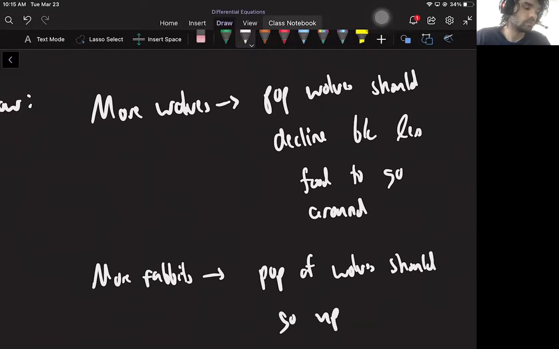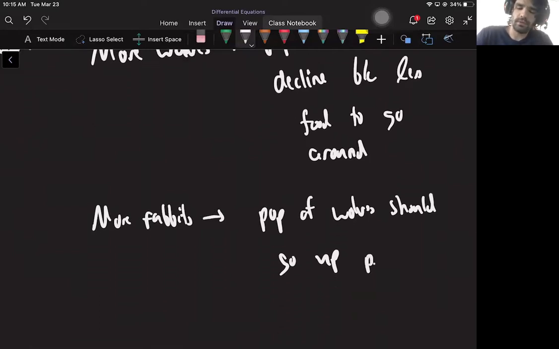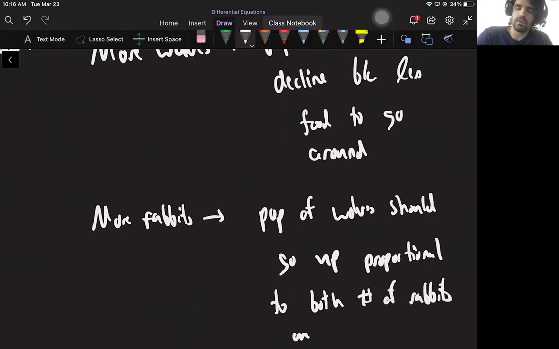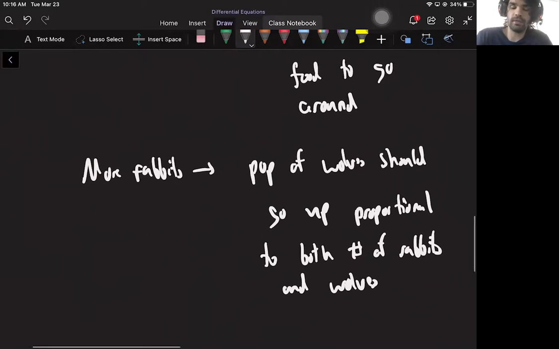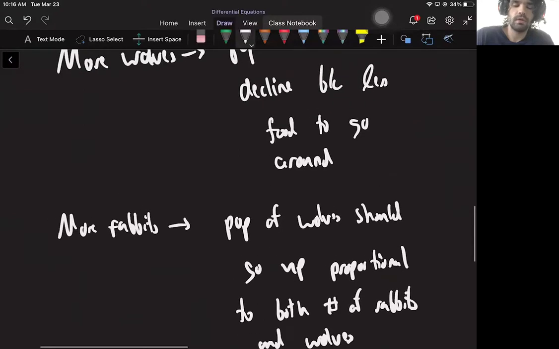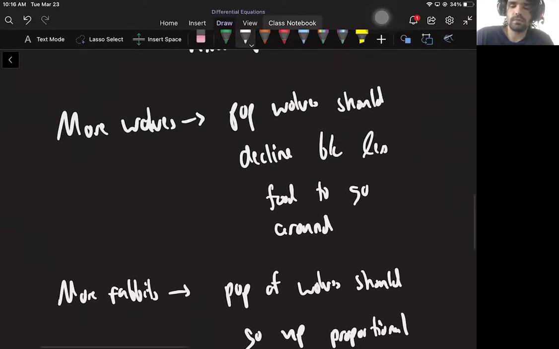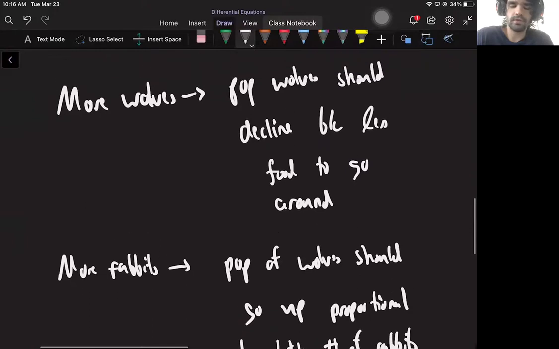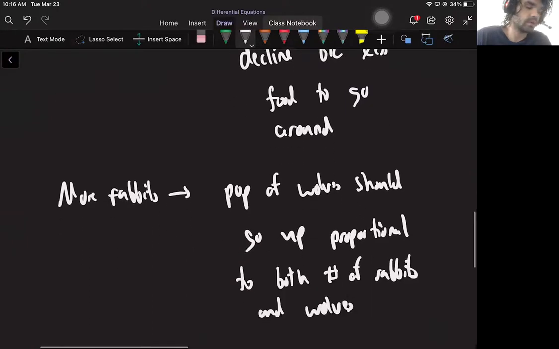And it should be proportional to both the number of rabbits and wolves. So as long as there's lots of wolves and lots of rabbits together, then the population of wolves can go up. But also the more wolves there are, the less food there's to go around. So then that makes the population go down.